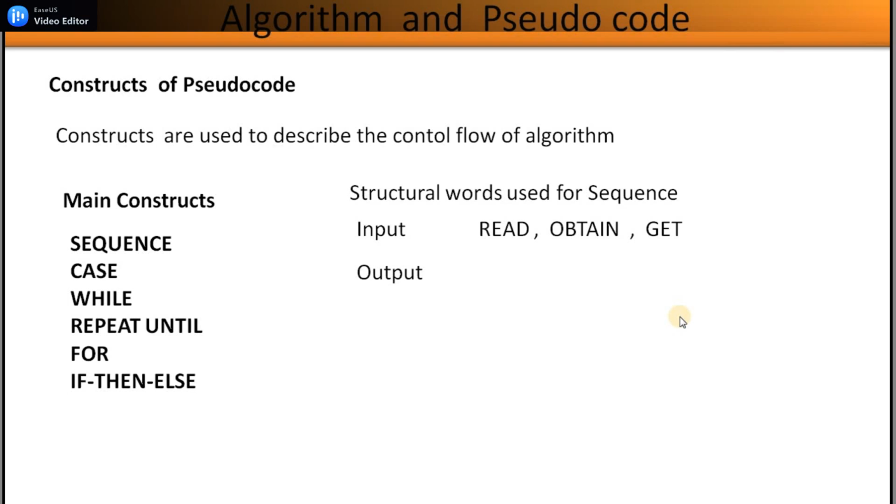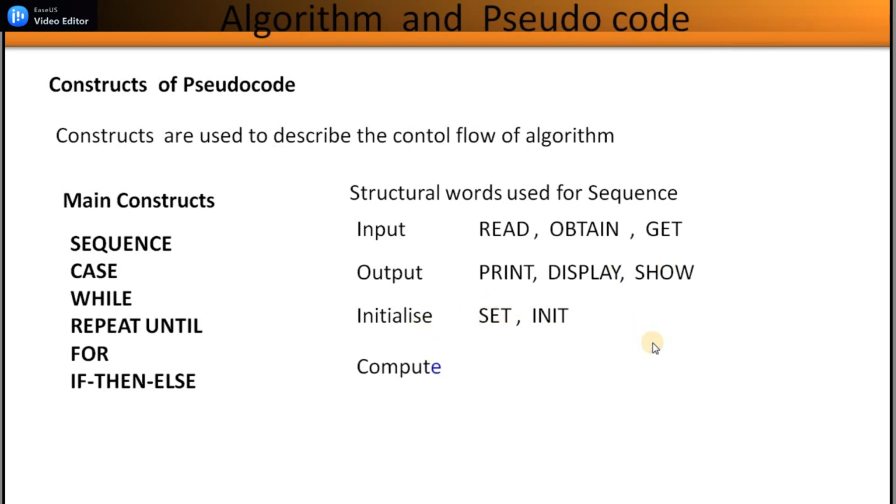Now output. For output, print, display and show words are used. For initialize, set and init are used. Note that there is no variable declaration in pseudocode, only initialization, that is, set and init words are used.